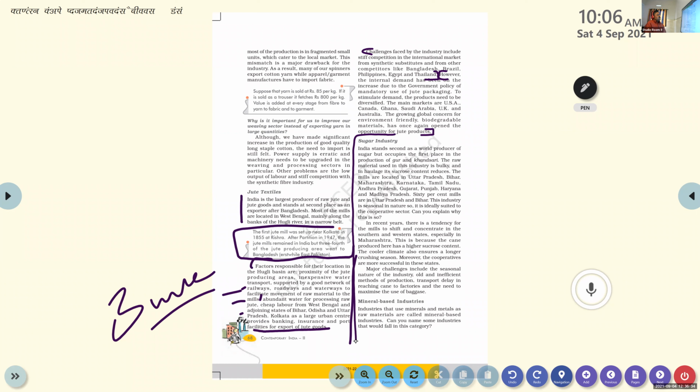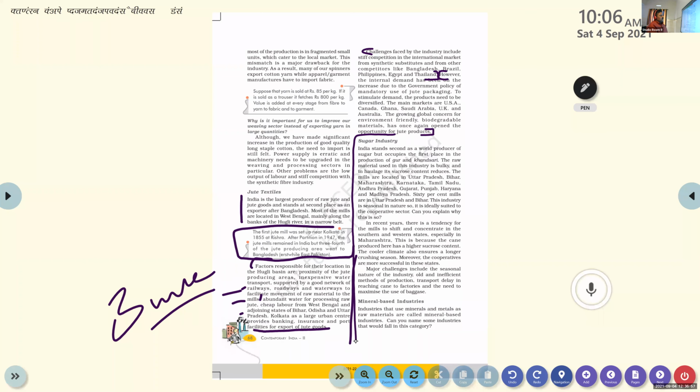Okay, transportation will reduce its sucrose content. The mills are located in Uttar Pradesh, Bihar, Maharashtra, Karnataka, Tamil Nadu, Andhra Pradesh, Gujarat, Punjab, Haryana, and Madhya Pradesh. Okay, so nearly 3 to 4 states you have to learn properly related to the sugarcane producing states there.